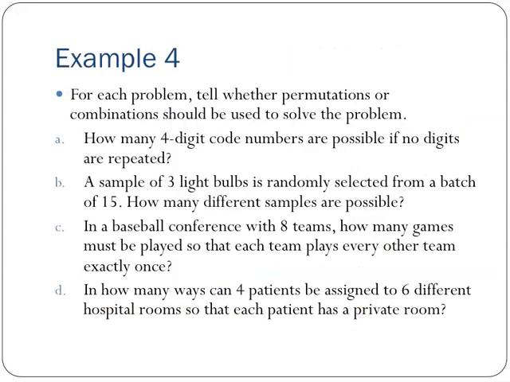So in this next example, we're going to determine in each of these scenarios not what the answer is, but whether it's going to be a permutation or a combination that we're trying to find. So the first one, how many 4-digit code numbers are possible if no digits are repeated? All right, so typically with 4-digit code numbers, there is an order to them, and so we would say this is a permutation.